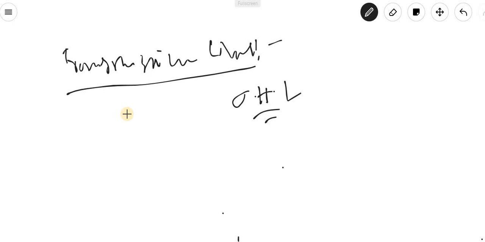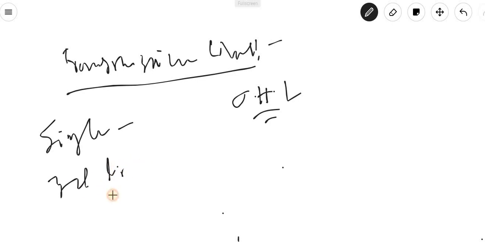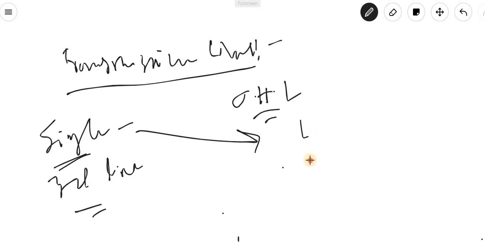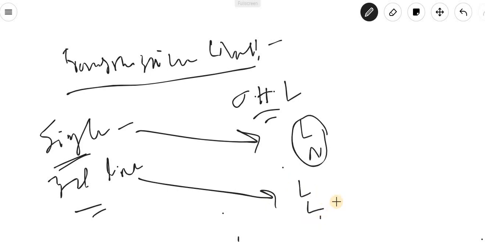Transmission lines are basically single phase and three phase lines. A single phase line means one line with neutral, and in a three phase line, three phases will be there. So these are the single phase line and three phase line.